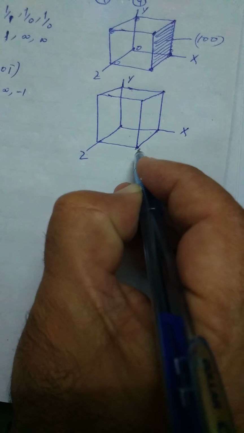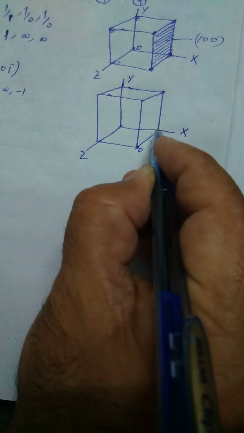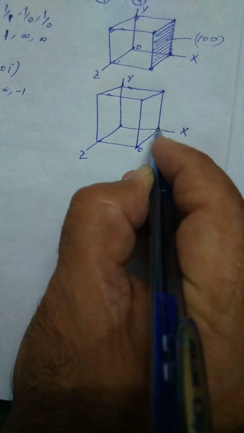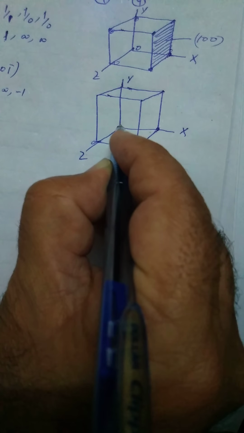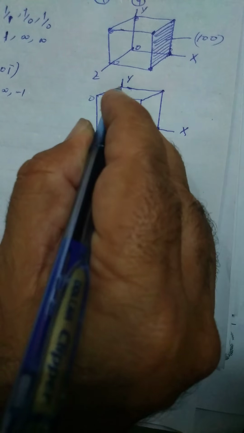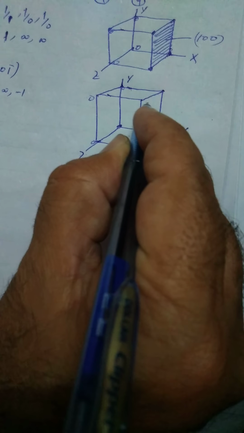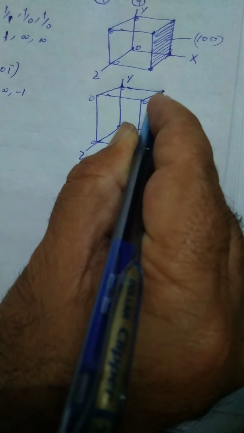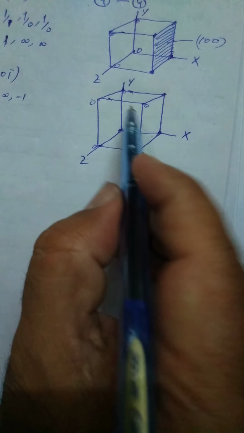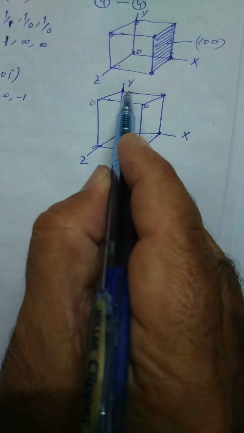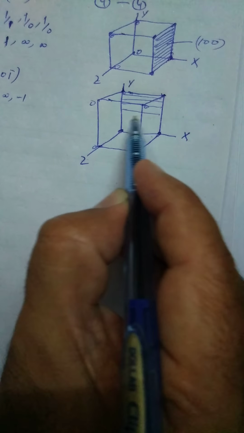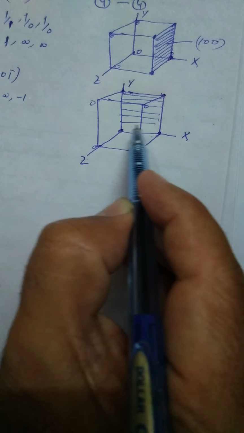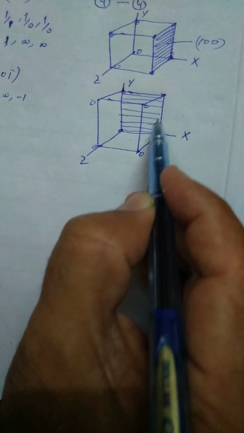Let's suppose this is the origin, then we will find this is the intercept. If this is the origin, then this is the intercept. If this is the origin, then this is the intercept. These are the 4 points. If we connect these 4 points, this is the plane which is representing 0 0 1 bar.